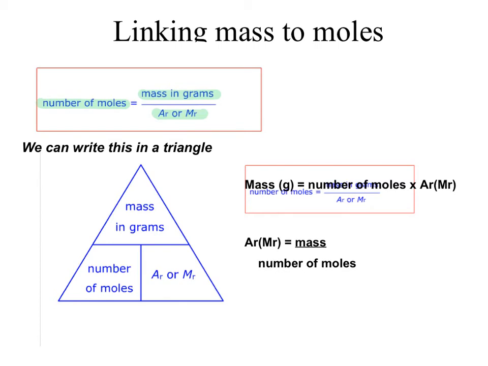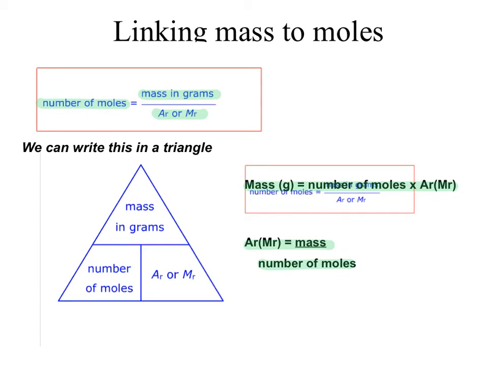Now, we could put this into a triangle, and the triangle comes in handy if we're asked to rearrange this formula. So the mass in grams will be equal to the number of moles times the AR if it's an element, or the MR if it's a compound. Rearranging again, if we're asked for the AR or the MR, that will be the mass divided by the number of moles.